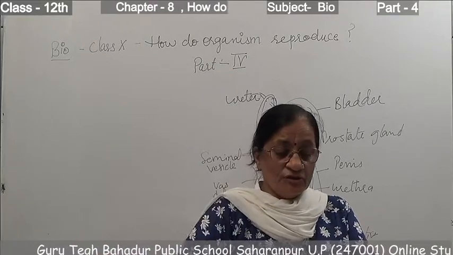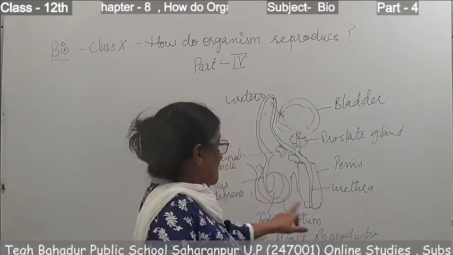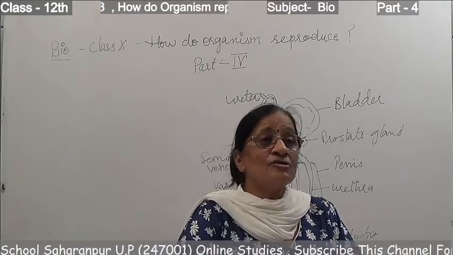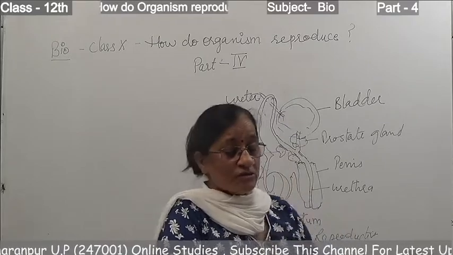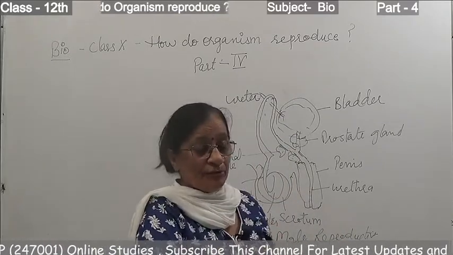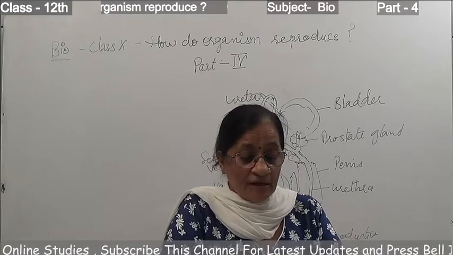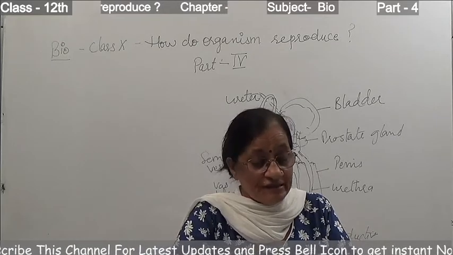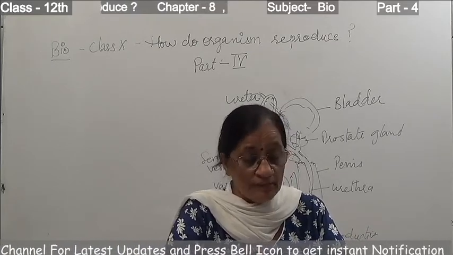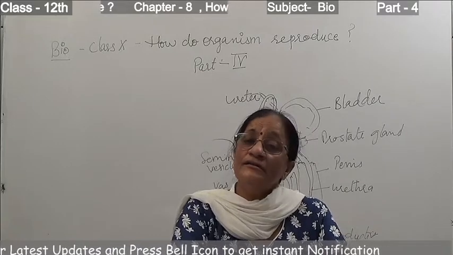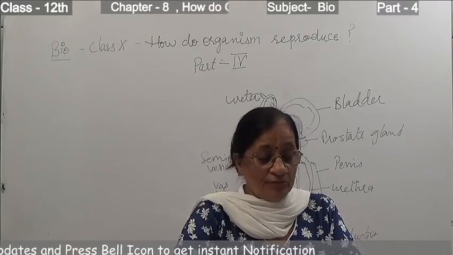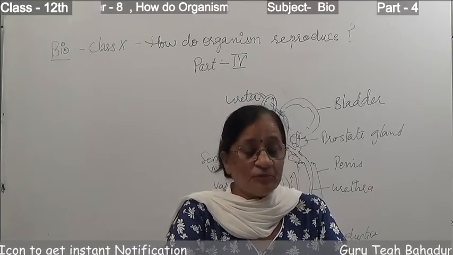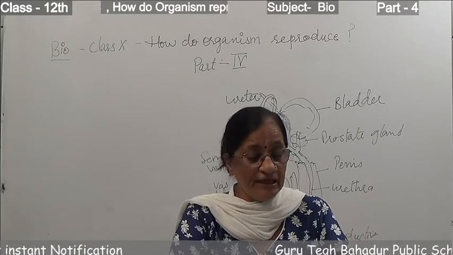As I have told earlier, testes are present in a small pouch called the scrotum. The scrotum is present outside the abdominal cavity between the two legs. Its temperature is 1 to 3 degrees Celsius lower than the normal body temperature. This temperature below body temperature is essential for the production of sperm or male gamete.